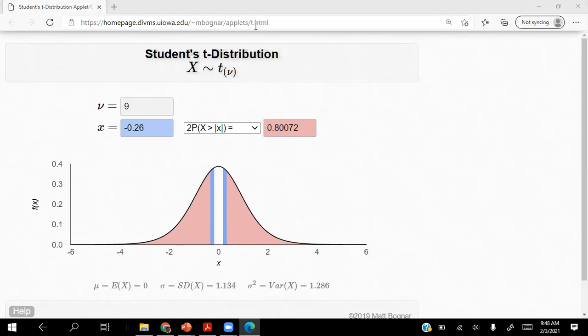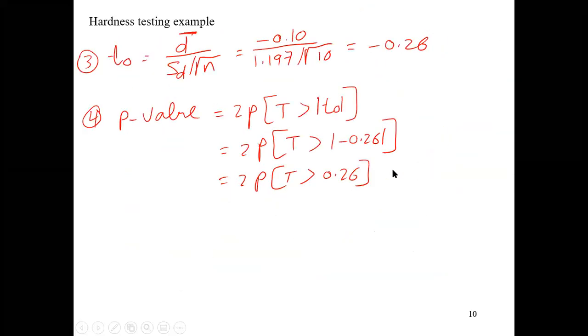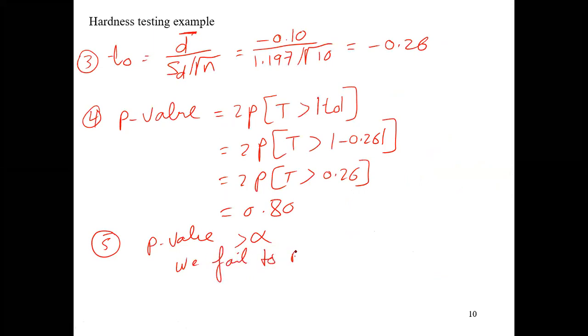So this is the p-value. Let's go back to our slides. And our p-value now is 0.8. Now we can take a decision. P-value is greater than alpha. Very big. So we fail to reject H0. So what does it mean?